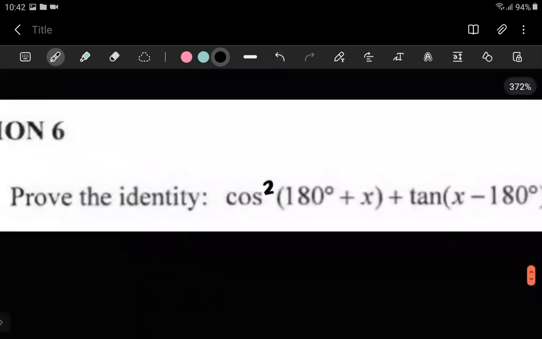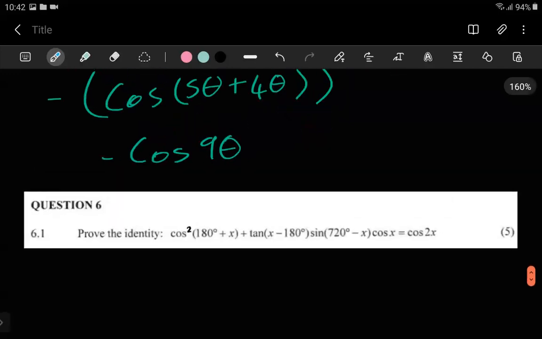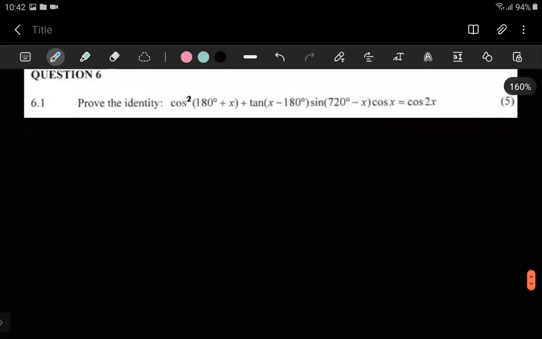So, for example, cos of 180 plus something. If you think of 180 plus, from the CAST diagram, you have C, A, S, T, CAST.